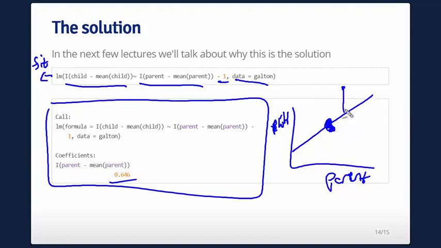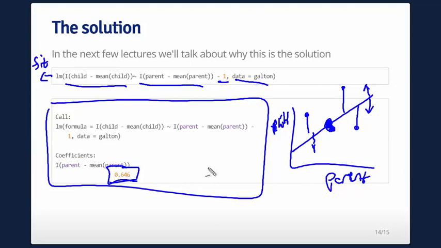For all of the parent and child combinations, we tried to pivot this line to find the line through that point that minimizes the sum of the squared vertical distances. Well, the slope of that line, and remember the slope is the only thing we need because it's regression through the origin, fixed at this point, is 0.646.